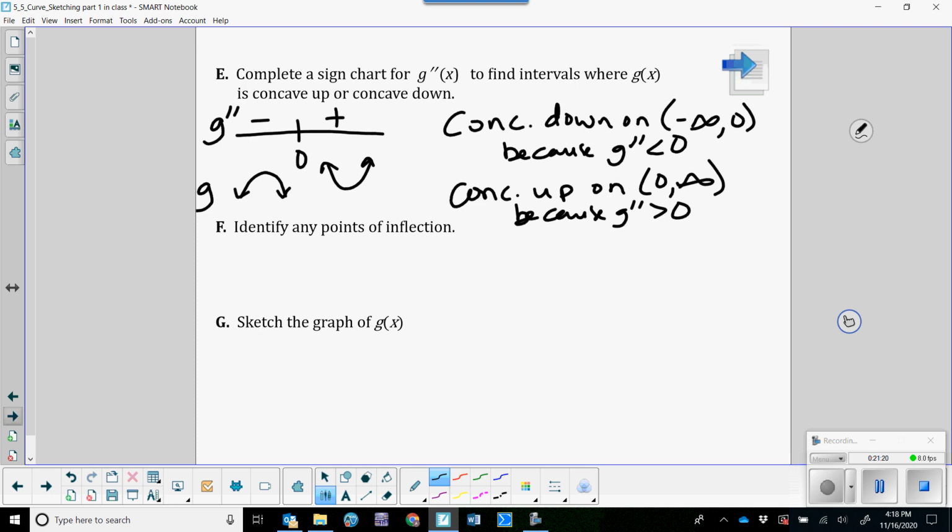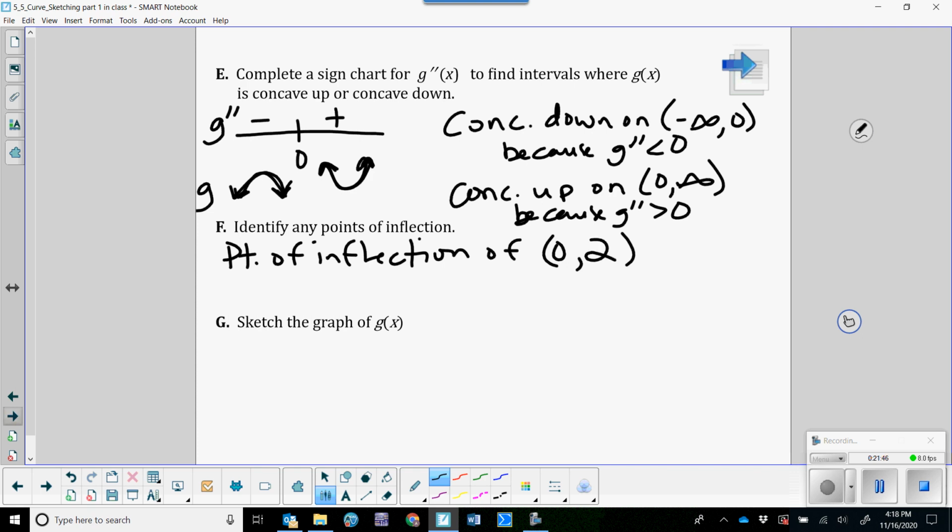Identify any points of inflection. Well, did it change from concave down to concave up? Yes. So point of inflection of blank, so 0 comma something. So I've got to go up to the original function and plug in 0, and I'm going to get 2 times 1, which is 2.